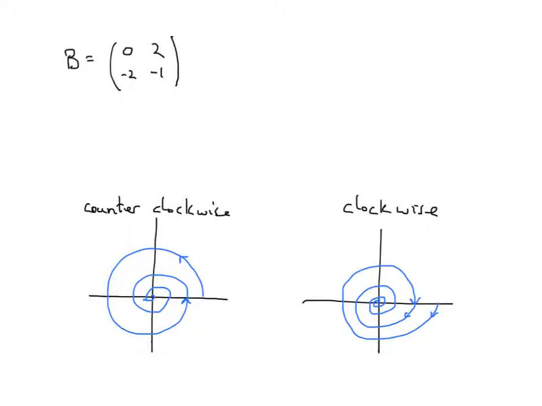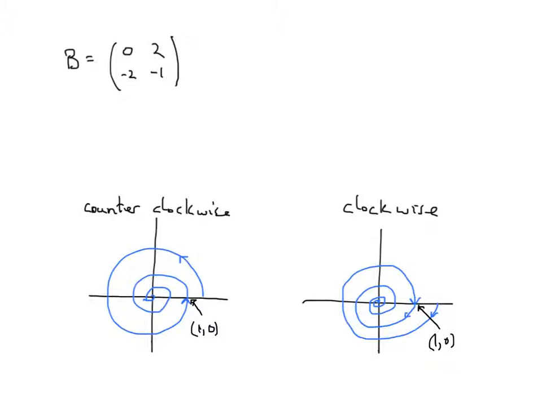I like to pick a point on the x-axis. So, for example, if we pick 1, 0, so let's assume that this is 1, 0 right there, okay?